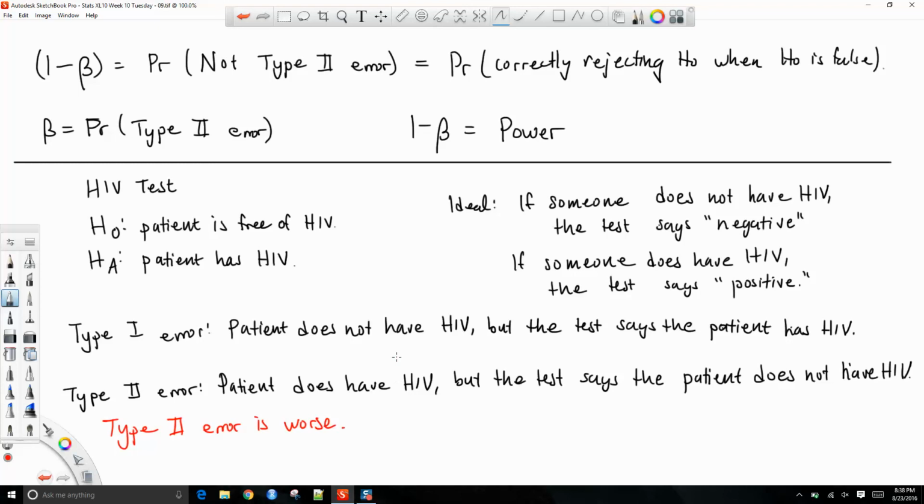And the same with cancer screening. A lot of these health-related things, type 2 errors will be worse. With cancer screening, your initial checkups and things like that, if you're a woman, you're supposed to do breast self-exams every month, or if you're a guy, testicular exams every month.